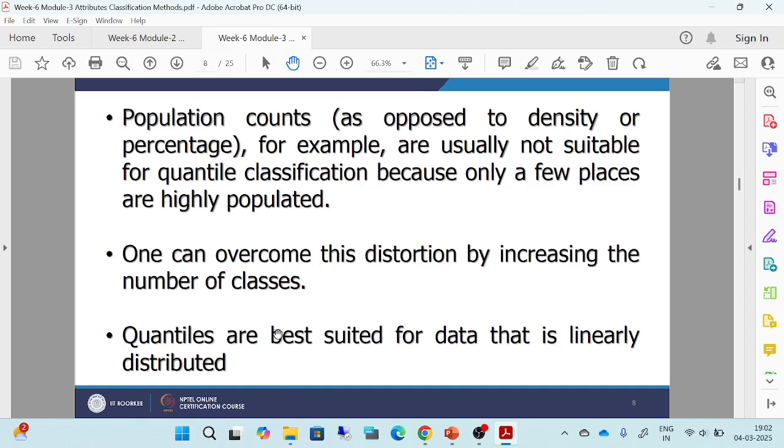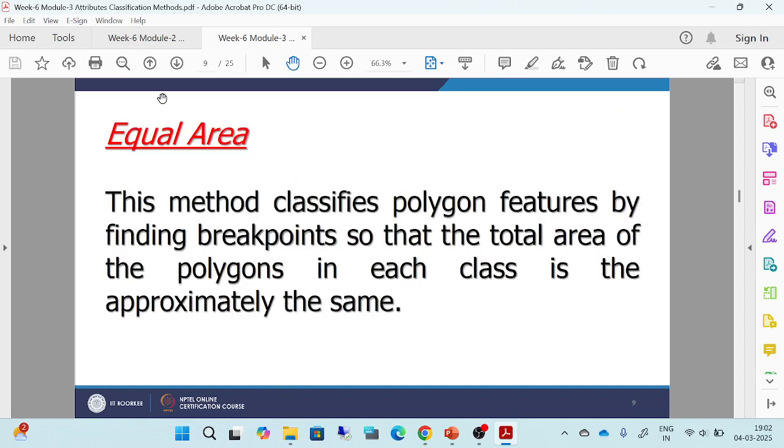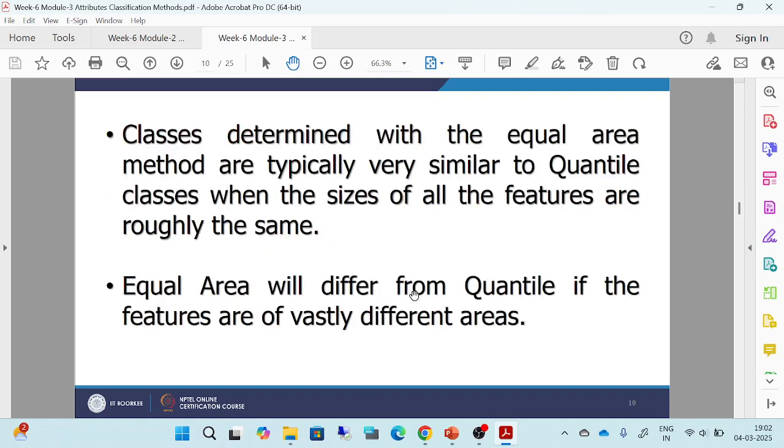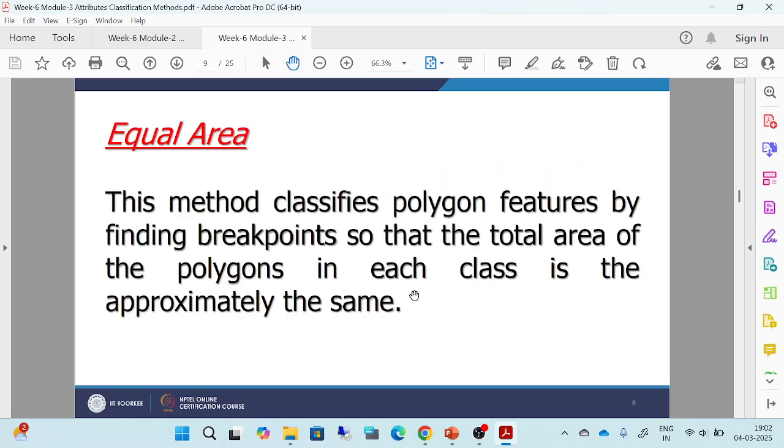Then we have the equal area classification. This method classifies polygon features by finding breakpoints so that the total area of the polygons in each class is approximately the same.